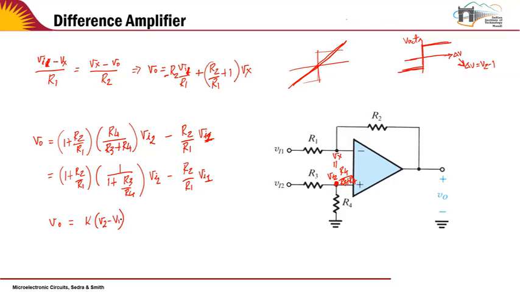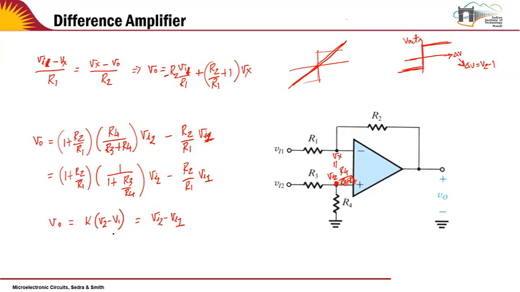So in this circuit, what can I do? If I make the ratio of R2 by R1 equal to R3 over R4, then these two will cancel out. And if I make R2 equal to R1, then essentially V0 is equal to Vi2 minus Vi1. So this is like a difference amplifier.